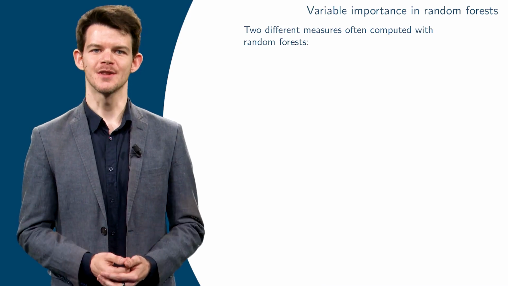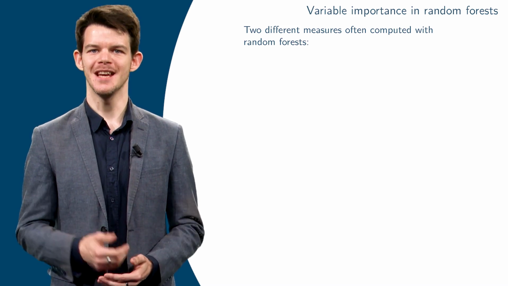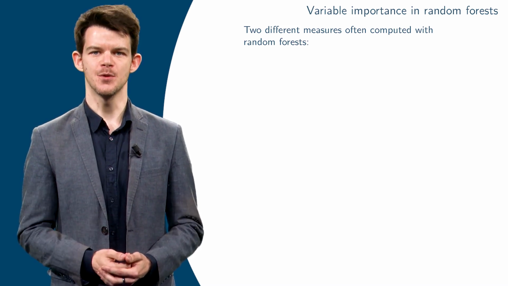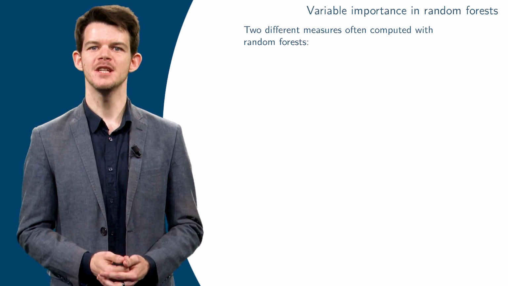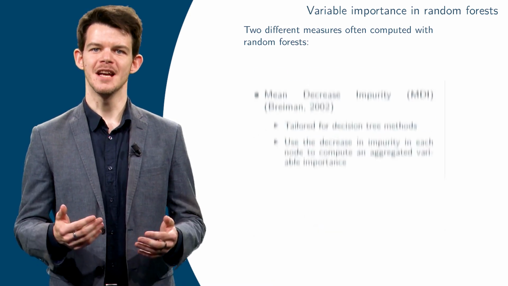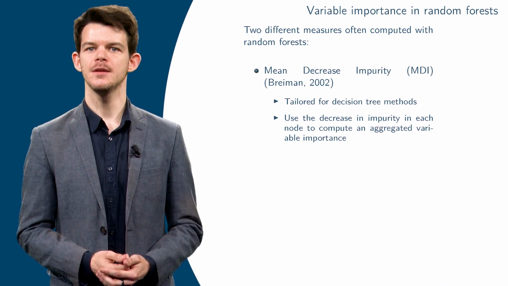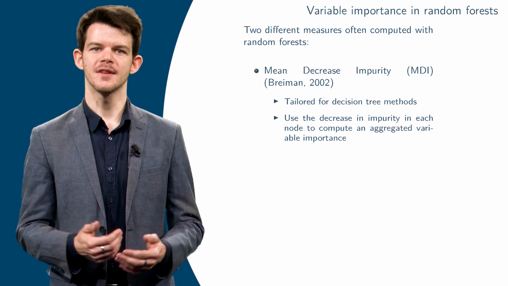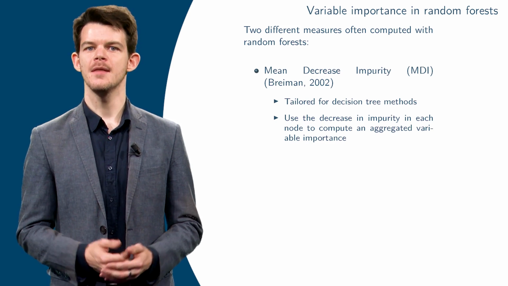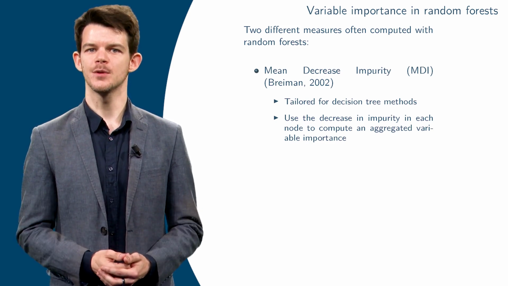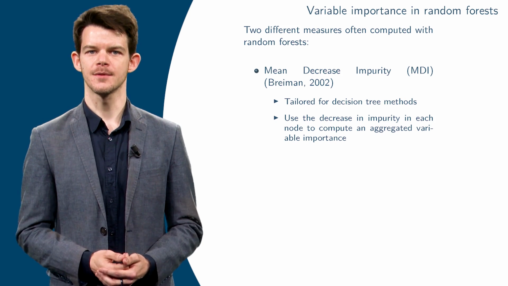Two importance measures can be calculated for random forest, the MDI for mean decrease in impurity and the MDA for mean decrease in accuracy. The MDI is a measure proposed by Leo Breiman, the creator of random forest, in 2002. It is a measure that is specific to decision tree methods and therefore cannot be used to calculate the importance of other machine learning algorithms.